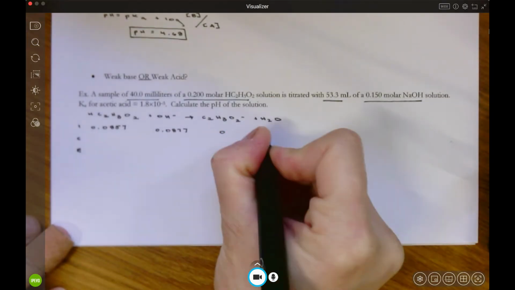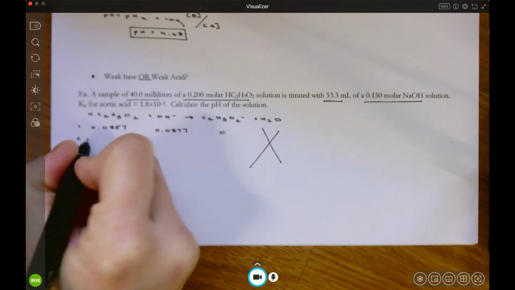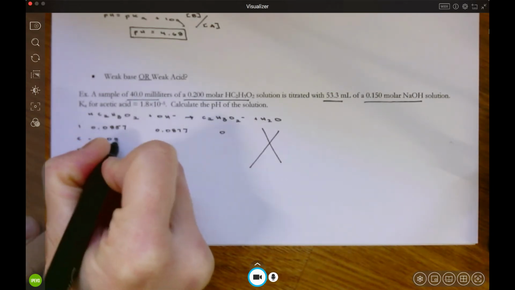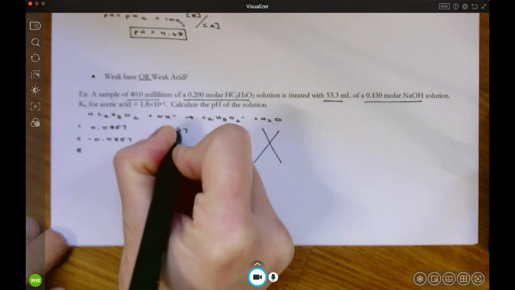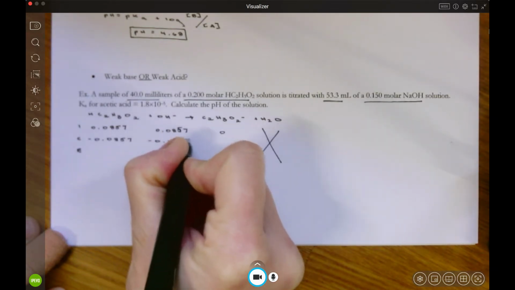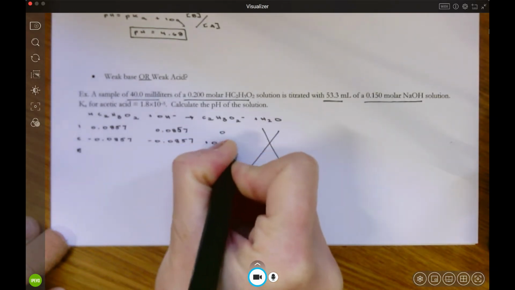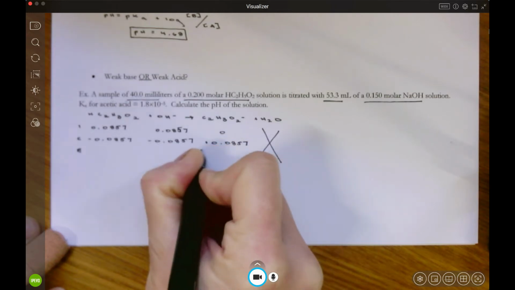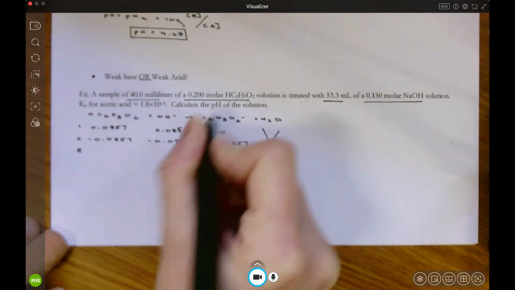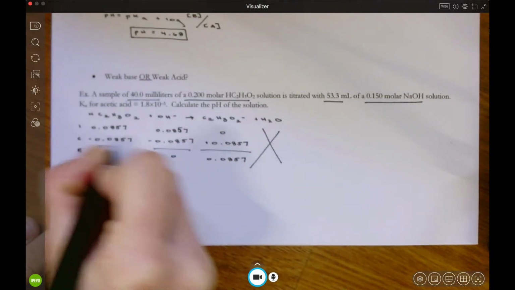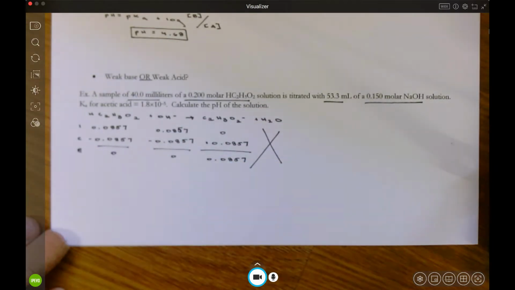So my change will be 0.0857, sorry, that should be a 7. And so what I realize is that when I'm done, I only have my weak base because I don't have any of my weak acid or strong base left over.